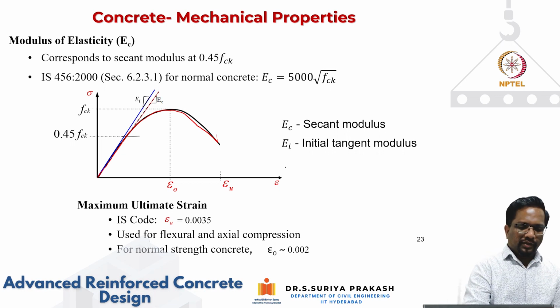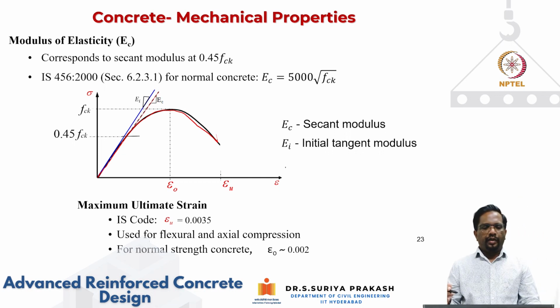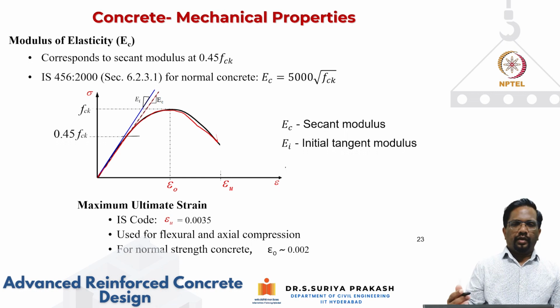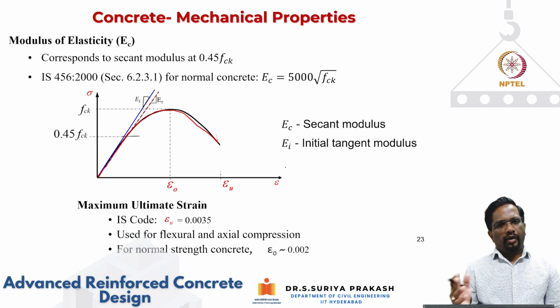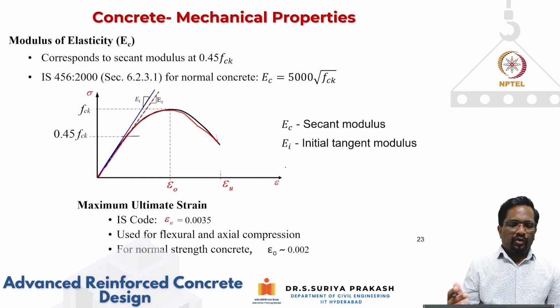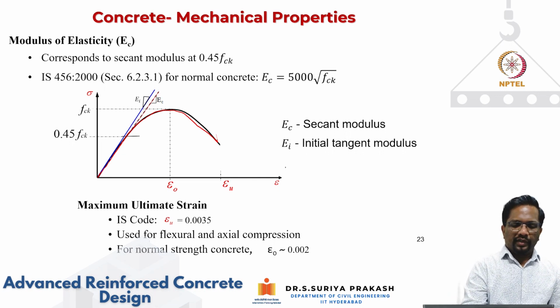The point is the elastic modulus can be defined in multiple ways. Either you can take the initial tangent modulus, or you can take the secant modulus. Usually, what we take is the modulus at about 45% of your compressive strength.